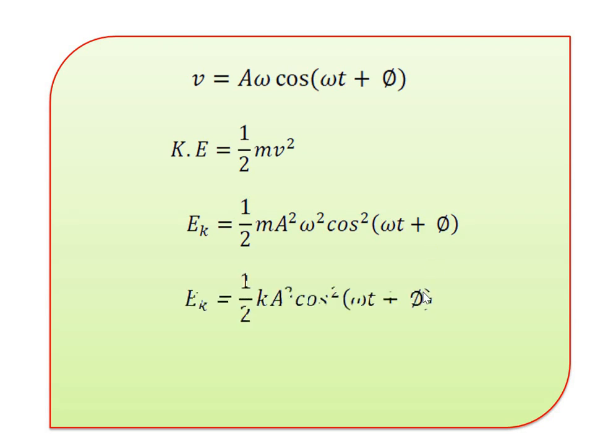Simplifying, kinetic energy equals half m omega square, that is k, a square cos square omega t plus phi. This is the kinetic energy equation in terms of the phase constant. So kinetic energy varies with time as cos square of theta. Remember, kinetic energy always varies with time as cos square of theta. So this is the kinetic energy point.